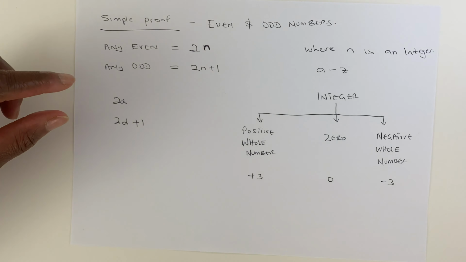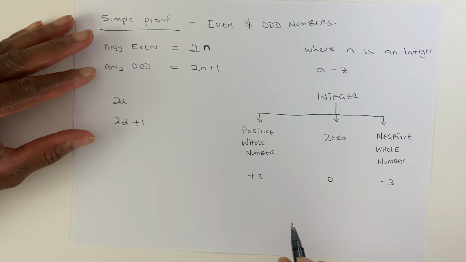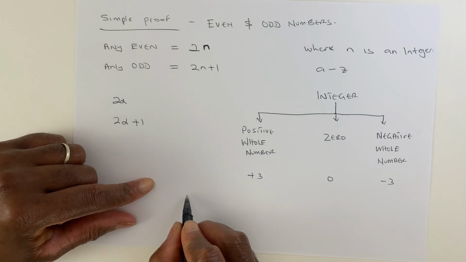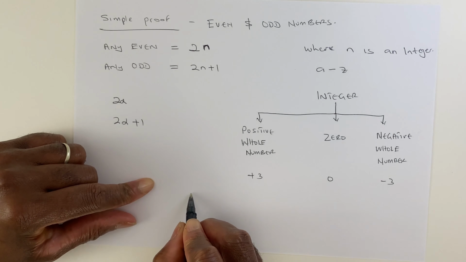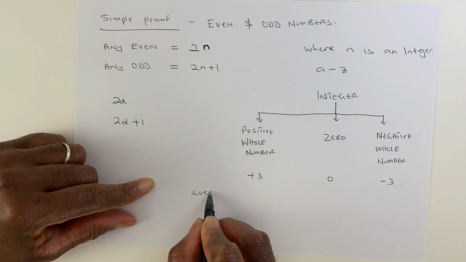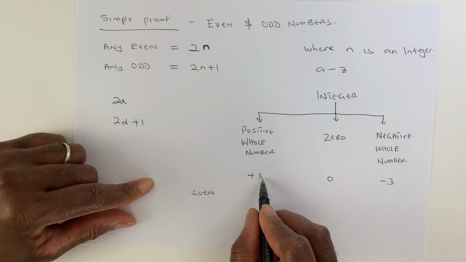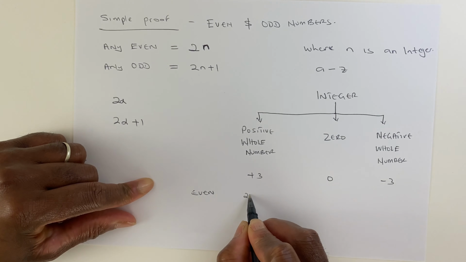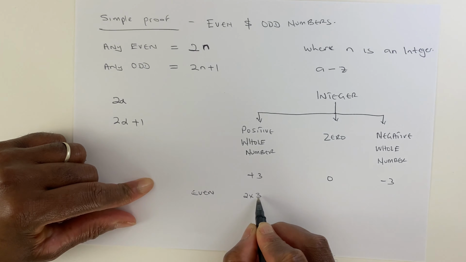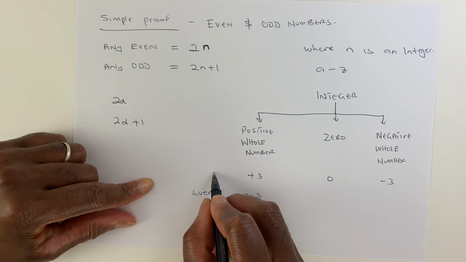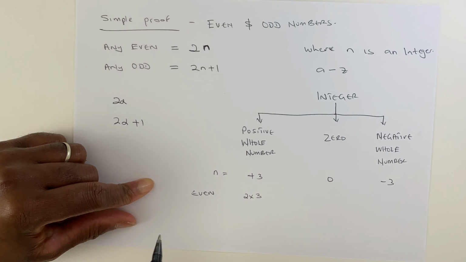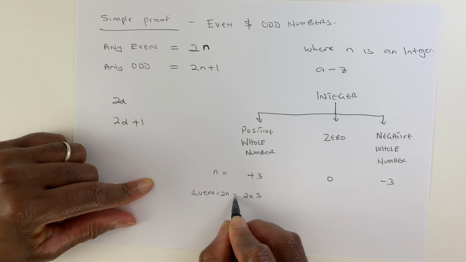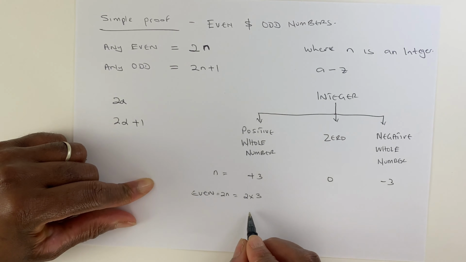So now to write examples, let's try an even number here. We're using plus 3. If we multiply plus 3 by 2, so 2 times 3, because n equals plus 3 or 0 or minus 3, so even number is 2n. So 2 times 3 is 6.